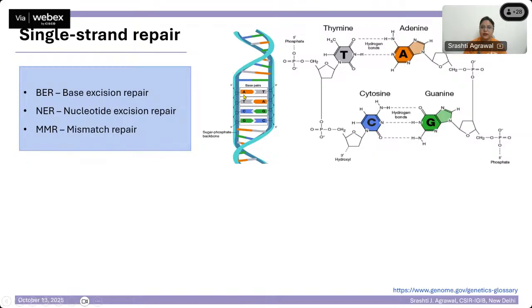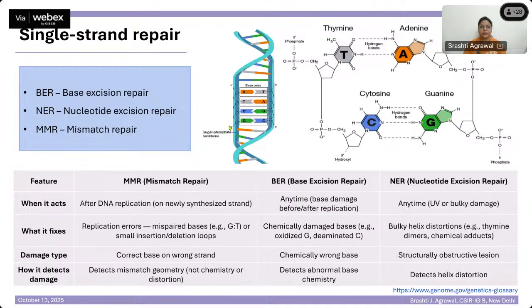However, the base is first excised, and then a new base is put in its place to take care of the error that has been in this base. In nucleotide excision repair, the whole nucleotide is excised along with the phosphodiester sugar backbone, and base excision repair usually happens for only one base. However, nucleotide excision repair can take place in multiple bases at the same time.